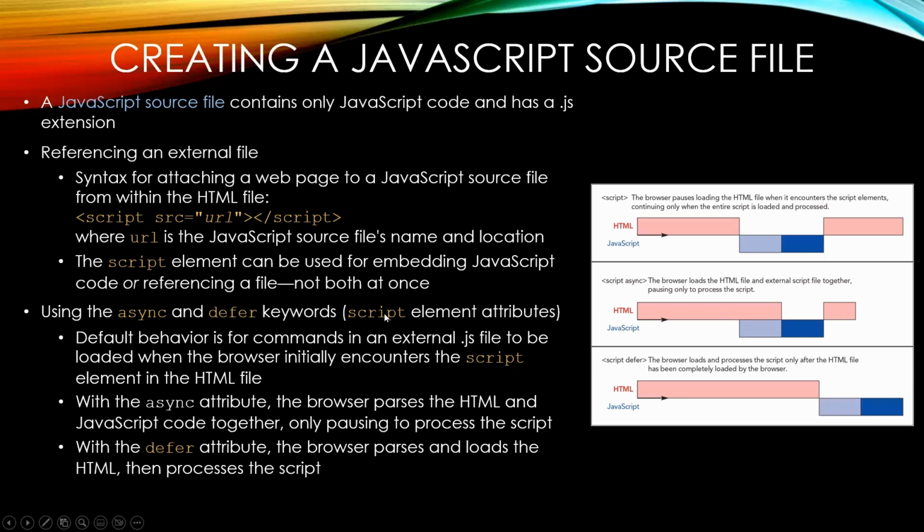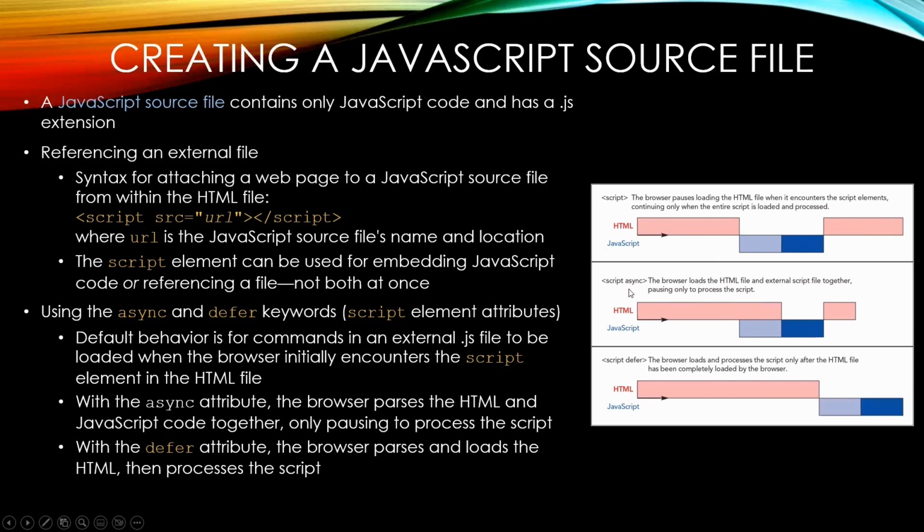These are going to be unique to this script element. With the async attribute, you can see here that the browser is going to start loading the HTML and the JavaScript code together. And it's only going to pause in order to process this script. So the light blue here is considered the load, and the dark blue is actually running that script. Here, if I just use the script, the HTML loads, it stops, loads the script, runs the script, comes back to the HTML.